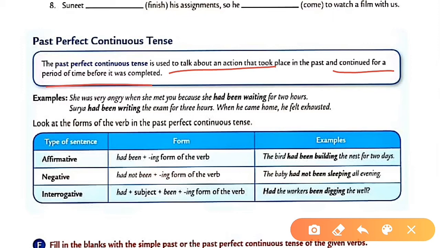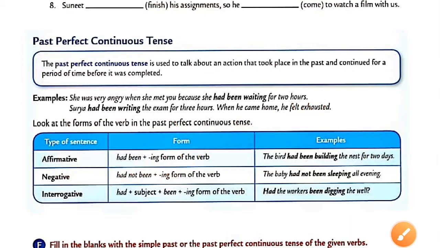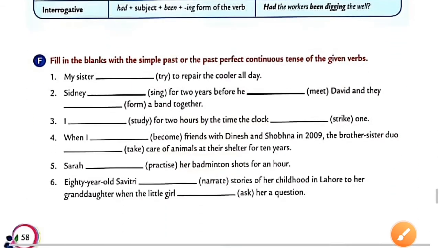Its form is very simple: had plus been plus the verb ing form. Like, the bird had been building the nest for 2 days. The work was continuous for 2 days, the building of the nest by the bird. Okay, move to next.